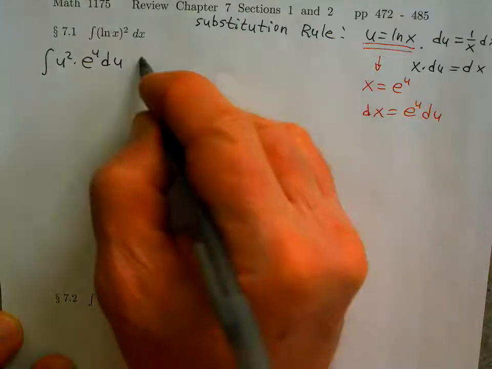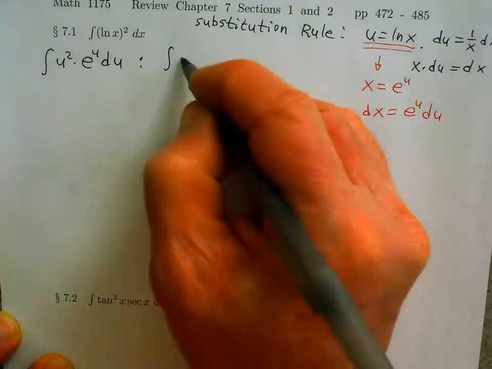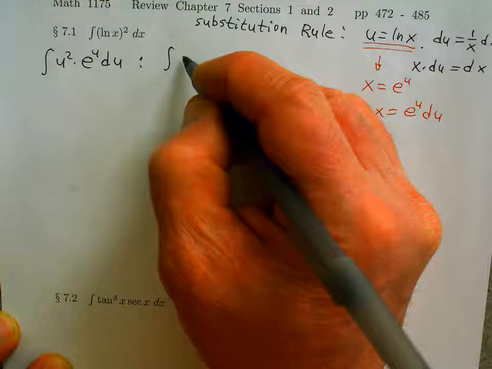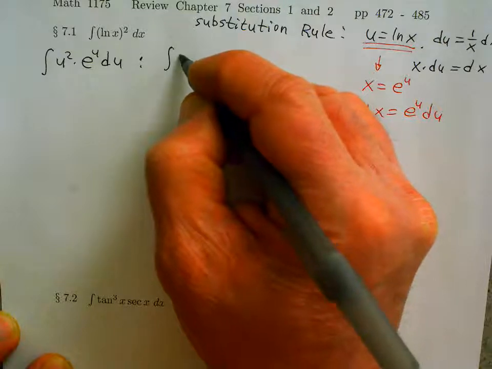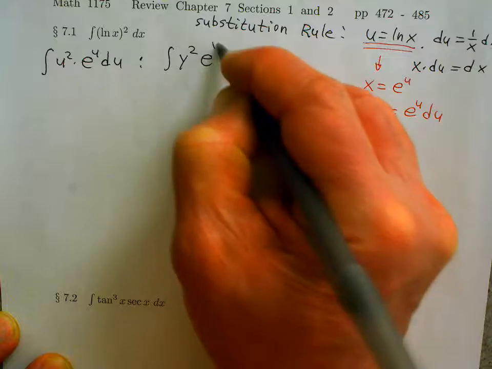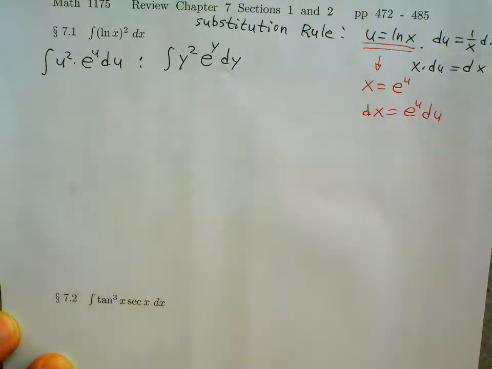So to avoid that, just for convenience, instead of u you could write y squared times e to the y dy, and then use integration by parts on that.